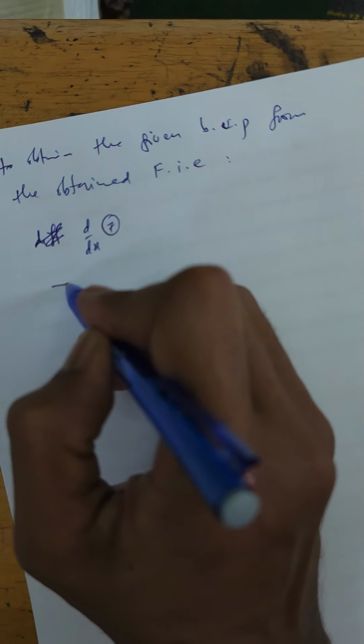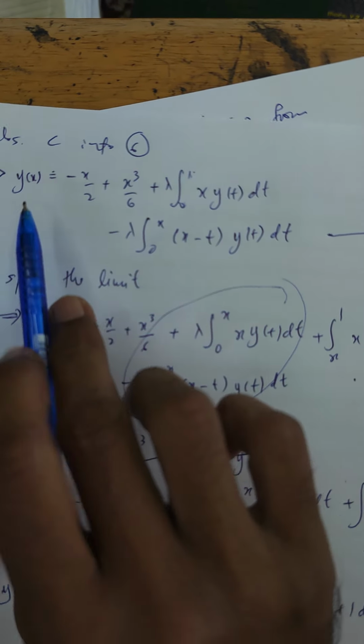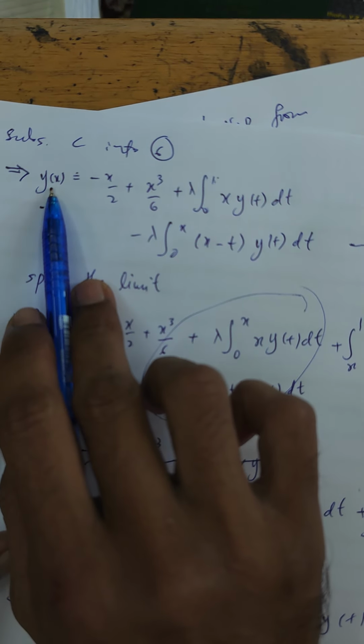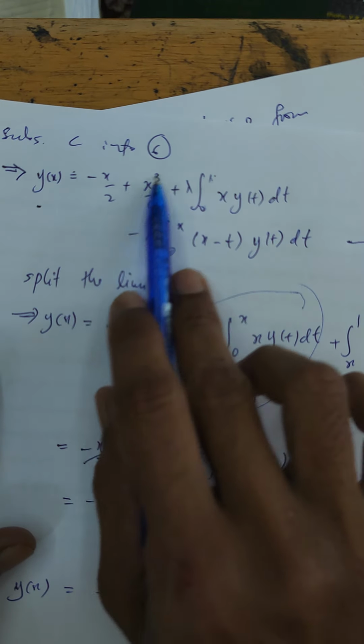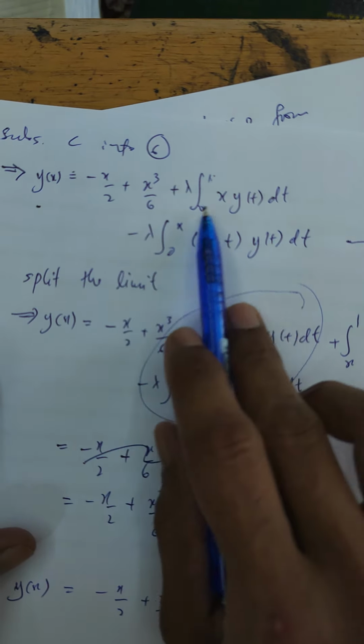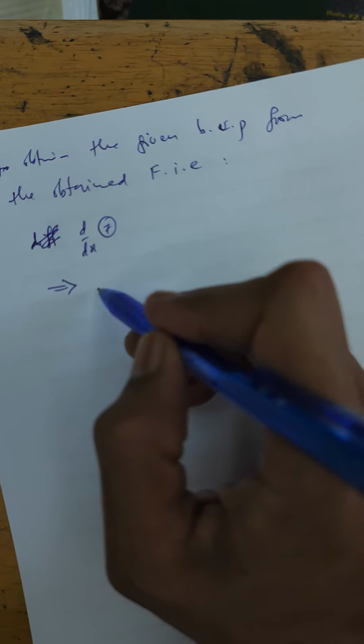So we have this 7, this equation here. Differentiate those. So we have y prime here, negative 1 over 2, 3x squared over 6, and so on. Alright, so we have y prime x.